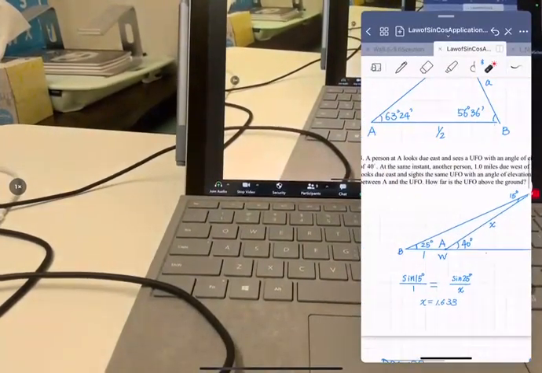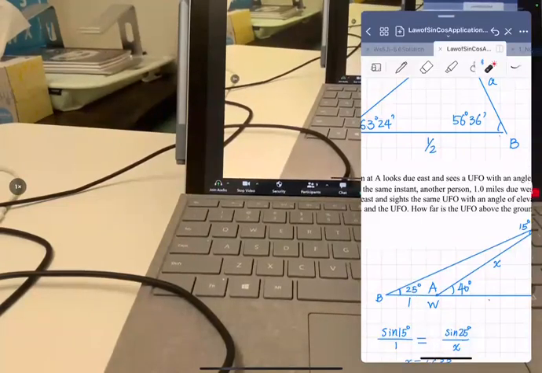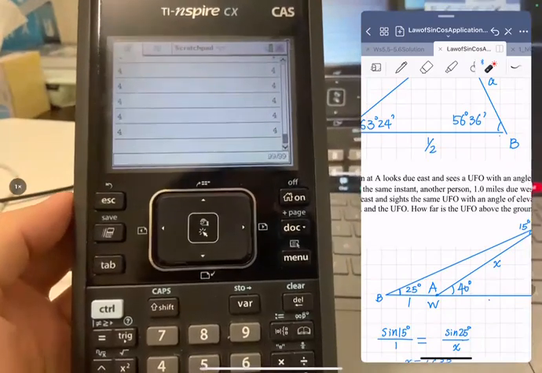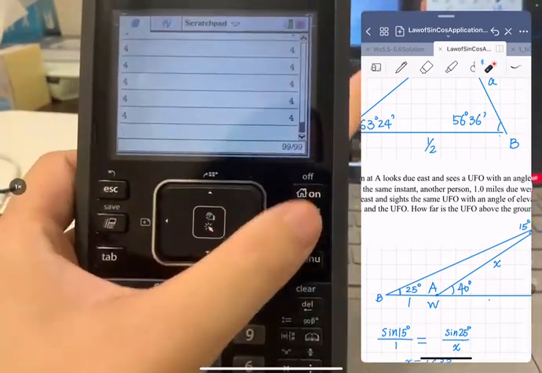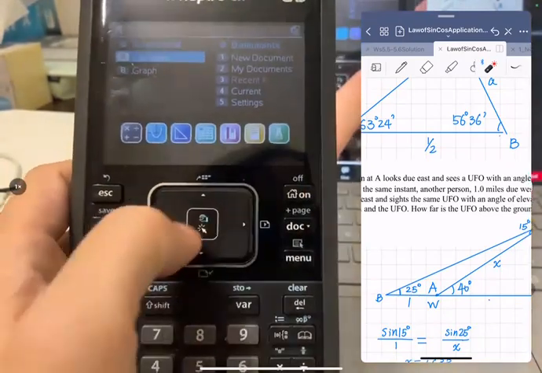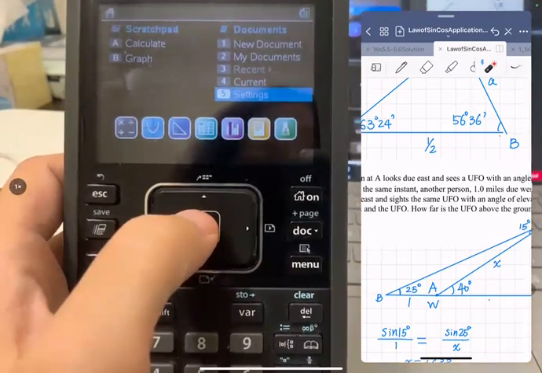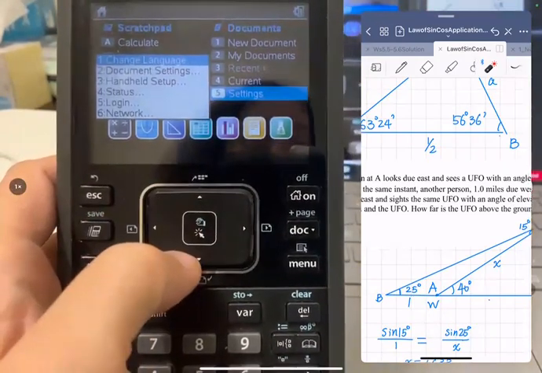So we list the equation here, okay? In TI Inspire, you have this. We need to go to the menu, go to the settings. If you have your TI Inspire, please take it out and do this with me together.